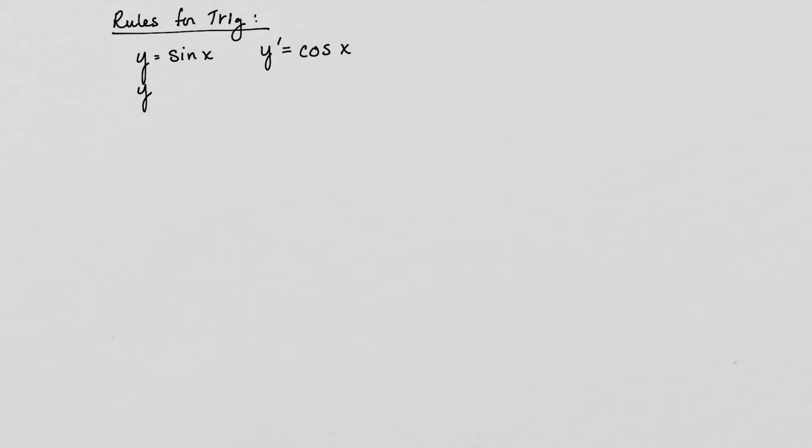And if y equals the cosine of x, yep, then y prime is going to be minus sine x. If y equals tangent of x, anybody remember what y prime is? Secant squared x.